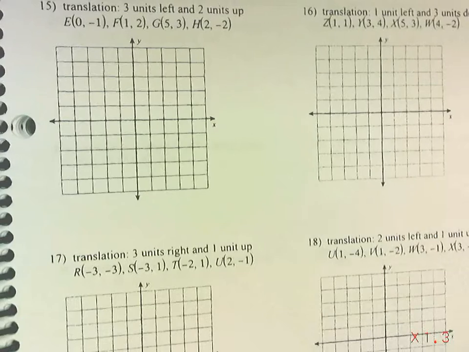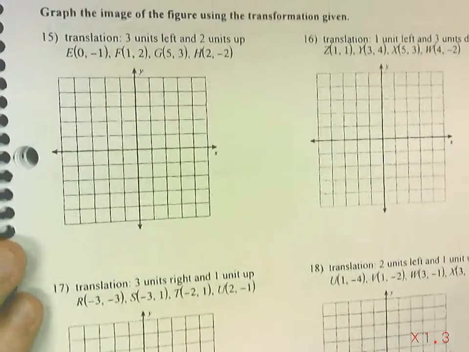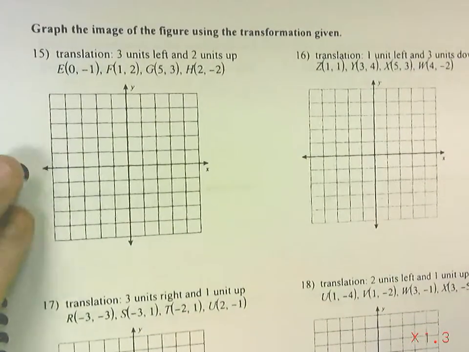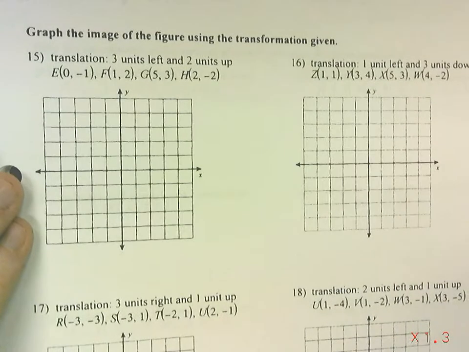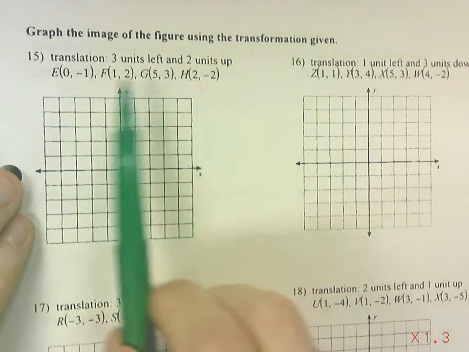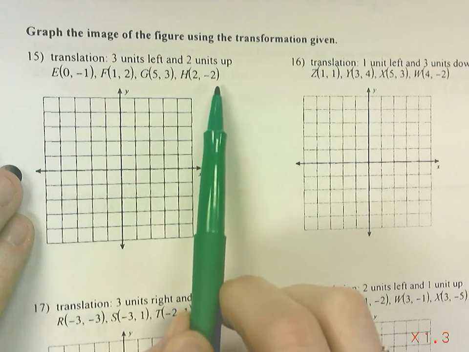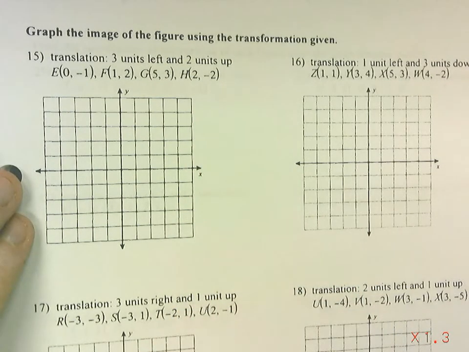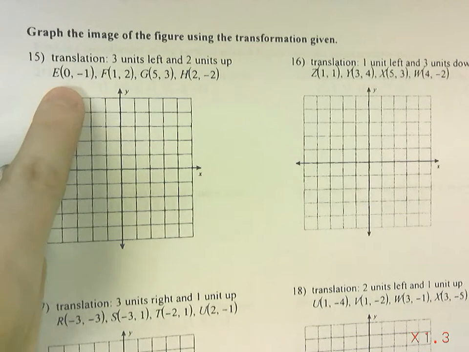Okay, so now I'm going to look at the next section, which starts with number 15. It says, graph the image of the figure using the transformation given. Okay, so these coordinate pairs right here tell us where the first shape is. And then we have to find the second shape. Okay, so I'm going to draw the first shape on here.